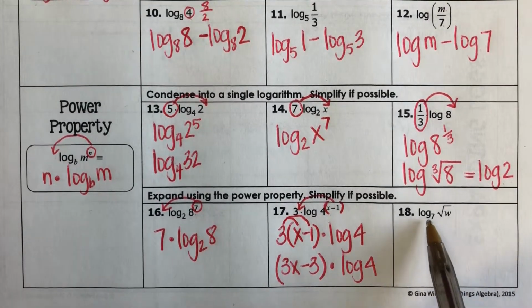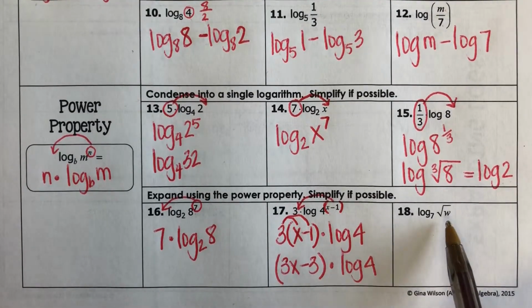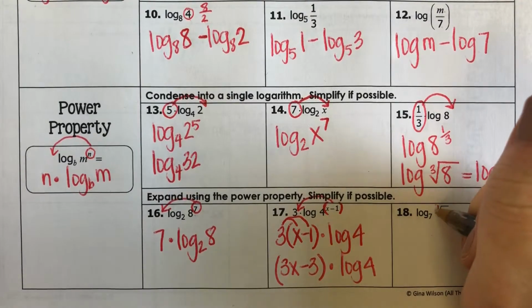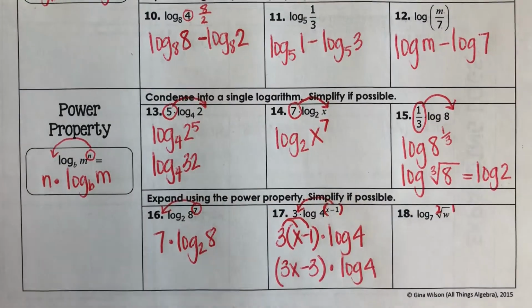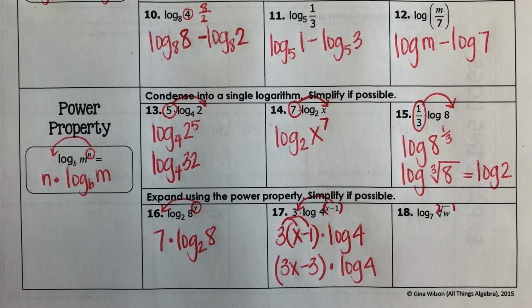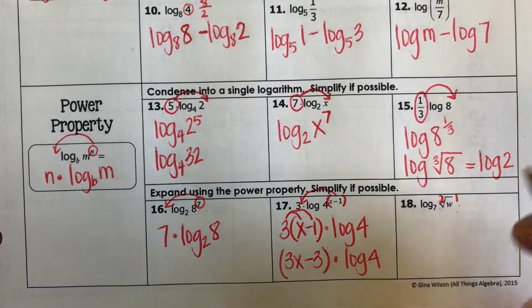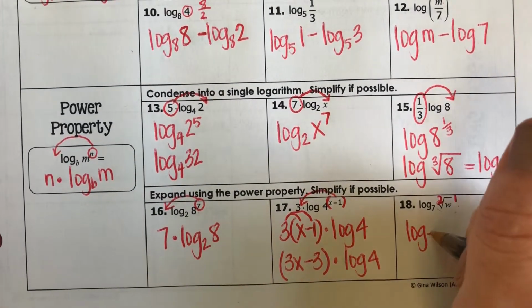All right. To start off with for number 18, I need to remember that when I have a square root like this, there is an understood index of 2, and an understood exponent of 1. This 2 comes around to the bottom and becomes the denominator of a fraction.